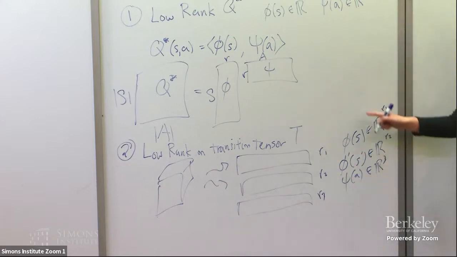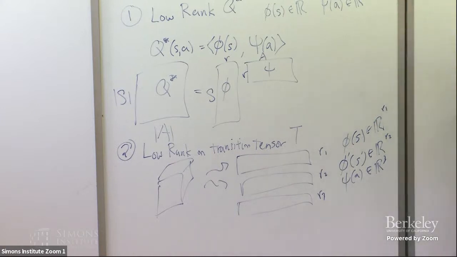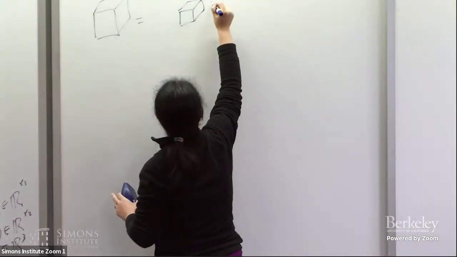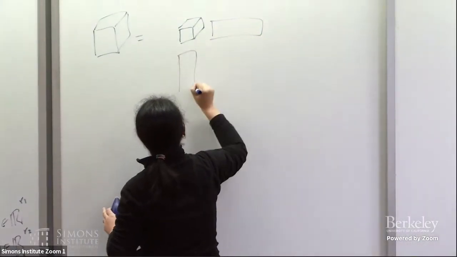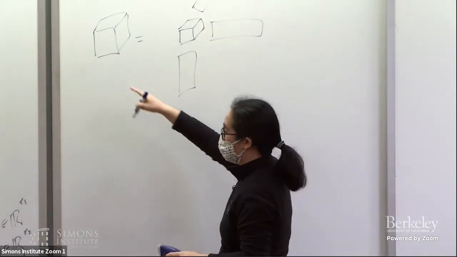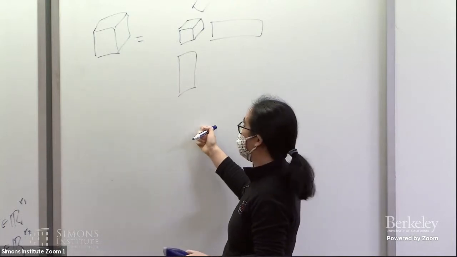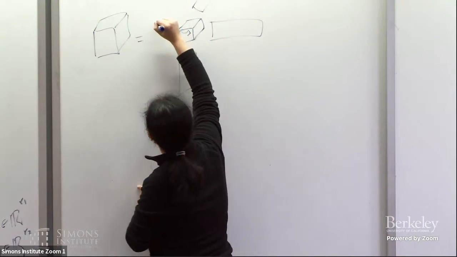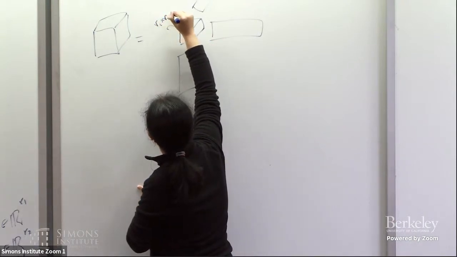If you have a structure like this, it means that you can write your tensor this way, in a decomposition where there's a core tensor. This is a core tensor, which is R1 by R2 by R3.